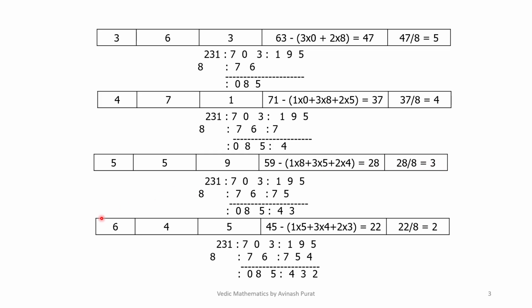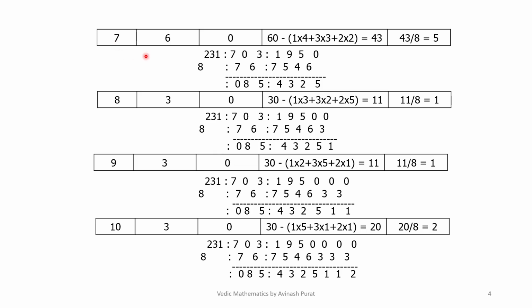Now sixth step, 4 is remainder, 5 is dividend, so 45 minus 1 into 5 plus 3 into 4 plus 2 into 3 equal to 22. So 22 divided by 8 is 2 is the quotient.